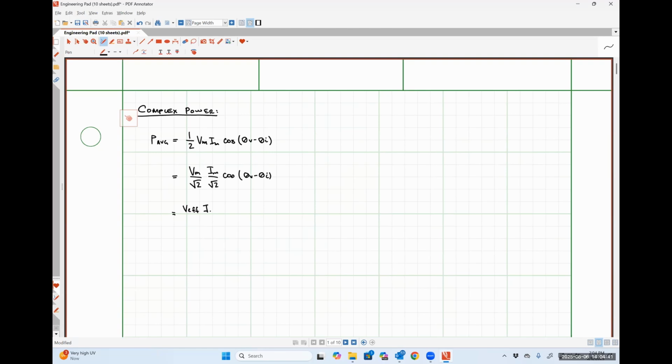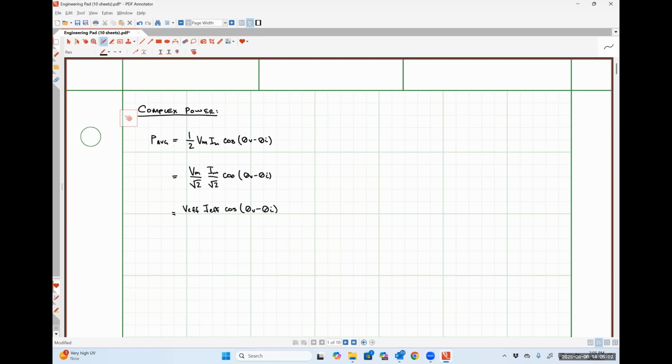Im over the square root of 2 is just the effective value for our sinusoidal current. And then we're just going to multiply that by, once again, the cosine of theta V minus theta I. So this is what our average power relationship would look like using effective values.